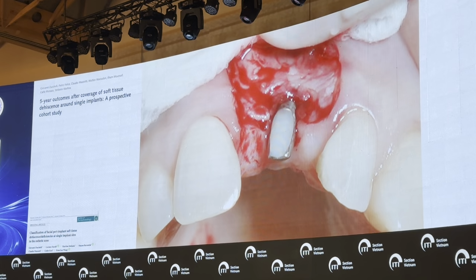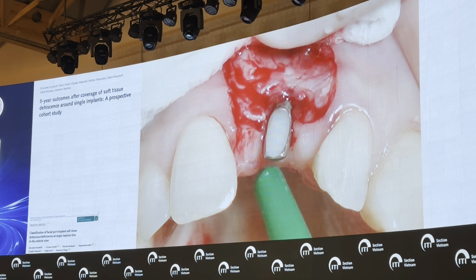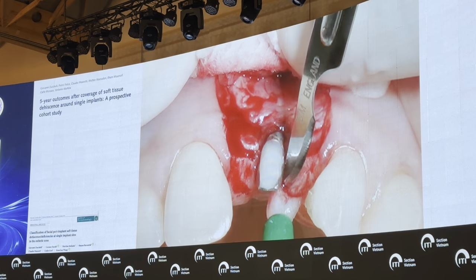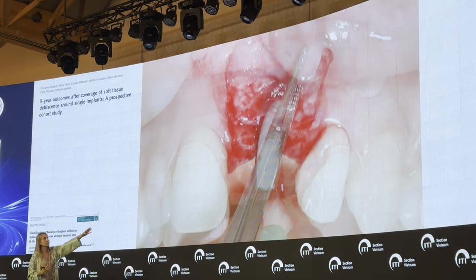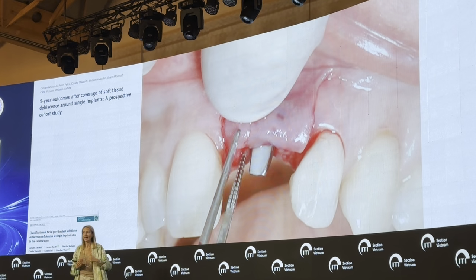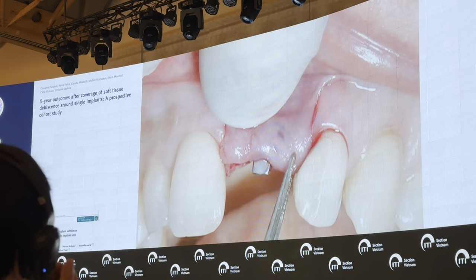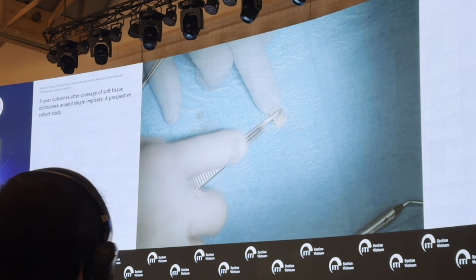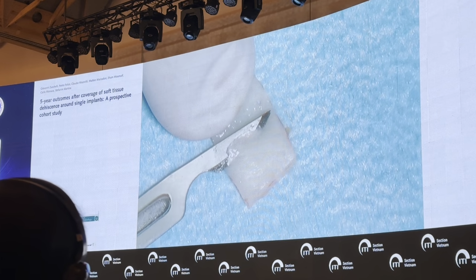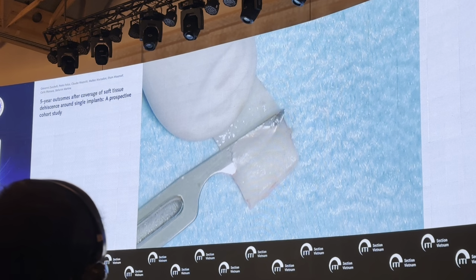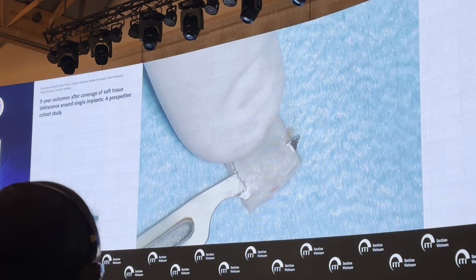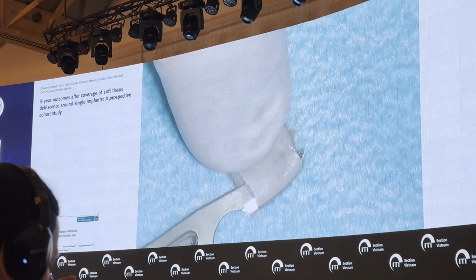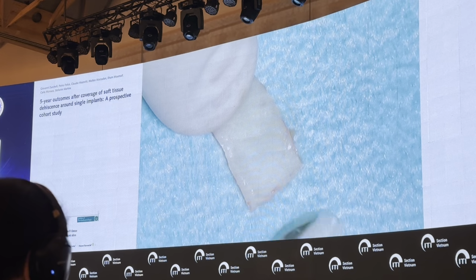This is the desepithelialization of the anatomical papilla that derives from the pre-surgical prosthetic phase and that can be desepithelialized toward the palatal aspect. So you see that the surgical papilla of my flap does not only go coronal, but also toward the palatal side. So I obtained this huge coronal advancement thanks to the vertical releasing incision.